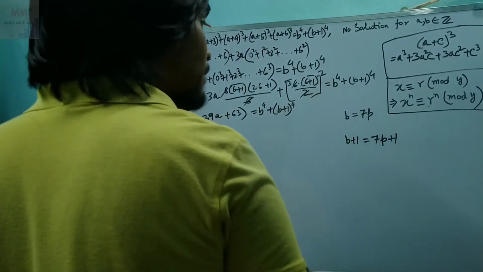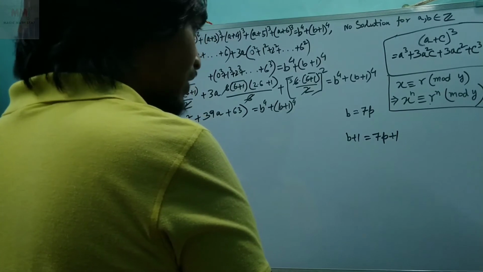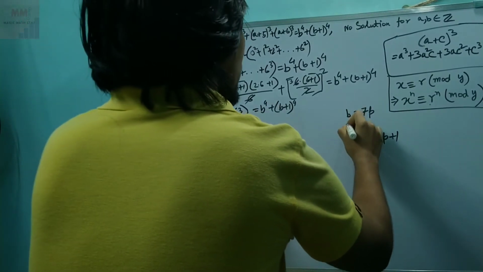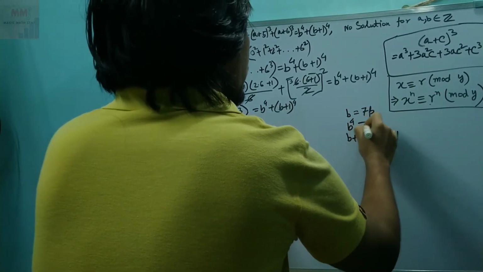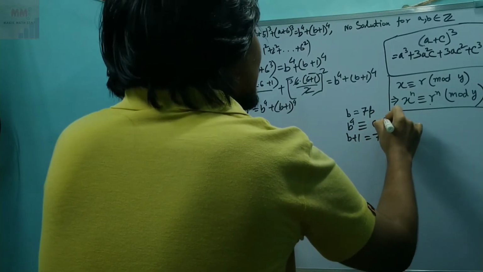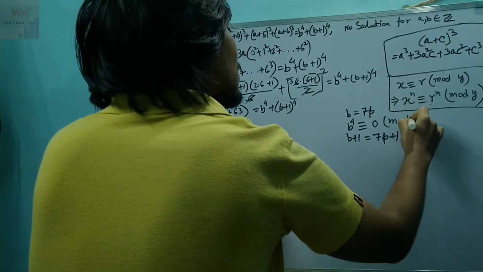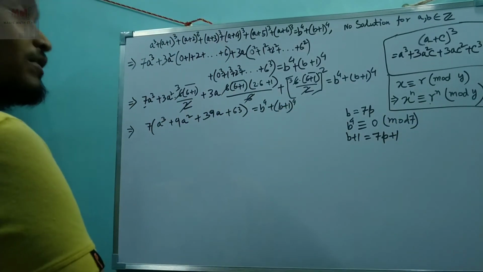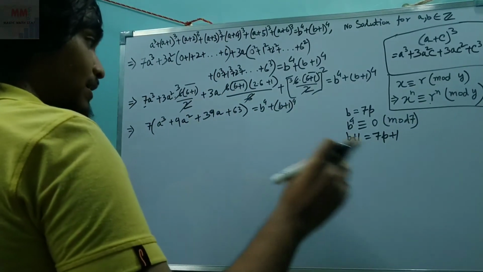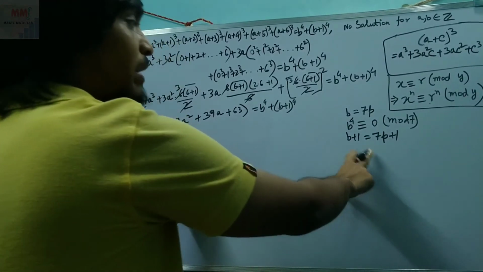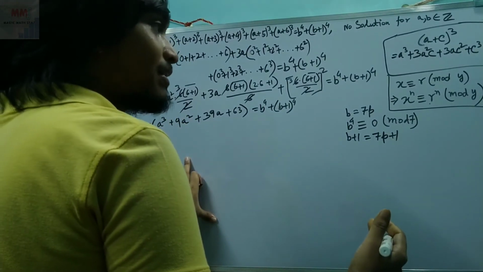Now since b is divisible by 7 here, b to the power 4 will also be divisible by 7. So 0 mod 7. But you see, b plus 1 is not divisible by 7.